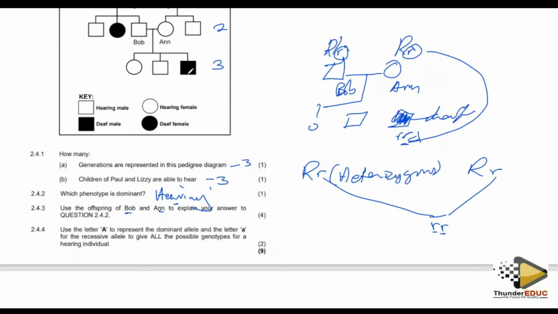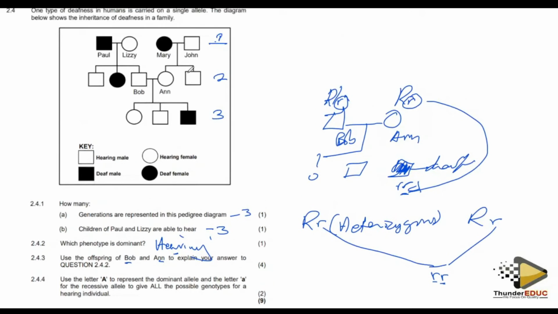So sometimes they try to change it, tilt it, as long as you know the principle. How do you identify? Please look at the babies. If you see that one person is sick or is affected by the condition, it means that the parents are heterozygous.